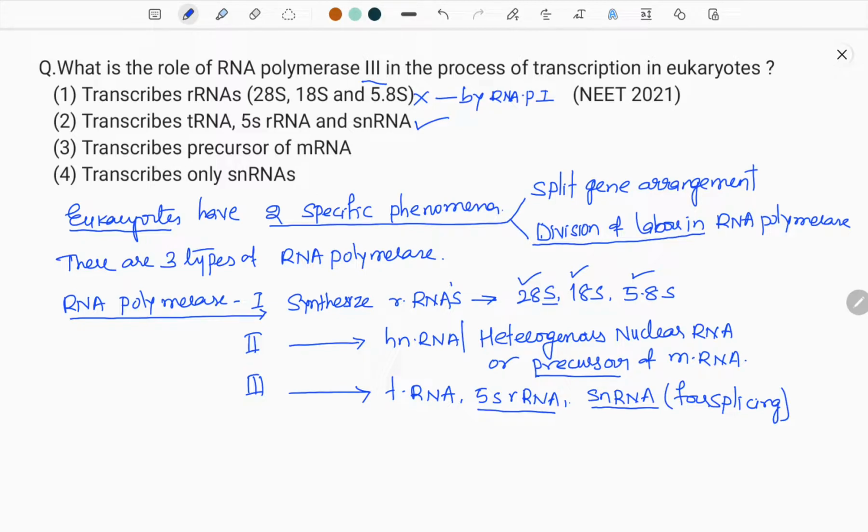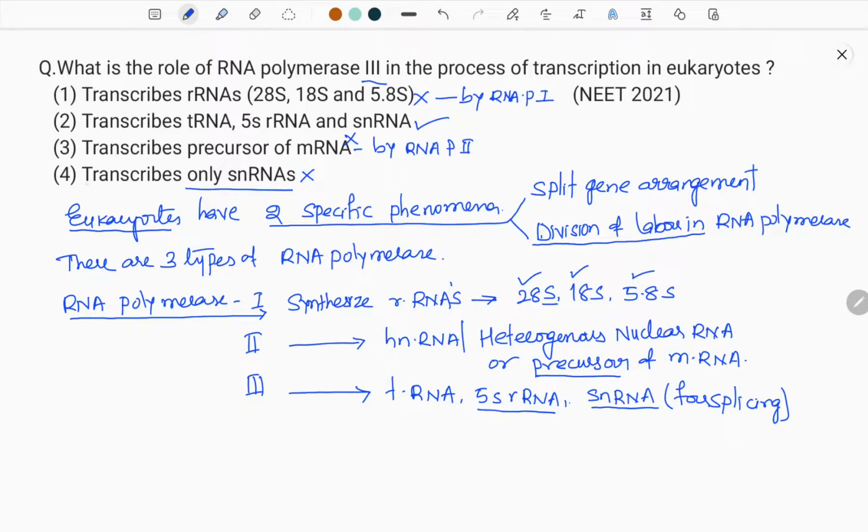Third option: transcribes precursor of mRNA. No, precursor of mRNA is made by RNA polymerase 2. So this is also wrong. Fourth option: transcribes only snRNA. Only snRNA is wrong, because apart from snRNA, tRNA and 5S rRNA are also synthesized here.